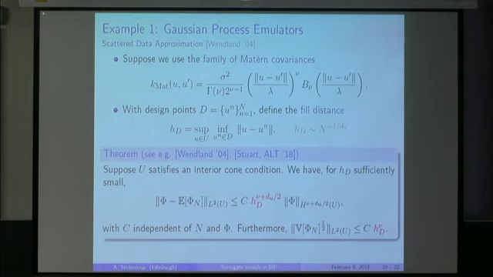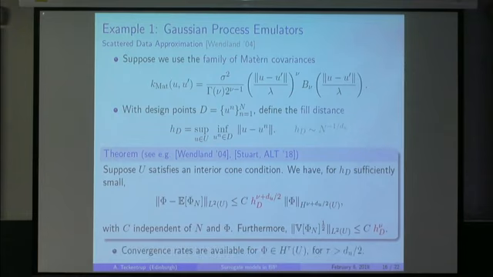So this result here is for functions phi which have this smoothness here. So this space here is the Sobolev space of smoothness nu plus d_U over 2. Okay? So the reason that this particular space pops up here is that that is the reproducing kernel Hilbert space of the Matern kernel. So this is quite a strong smoothness assumption.